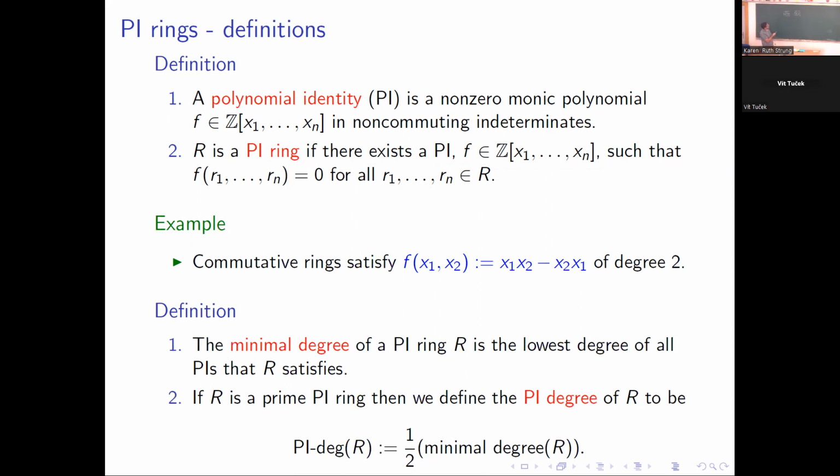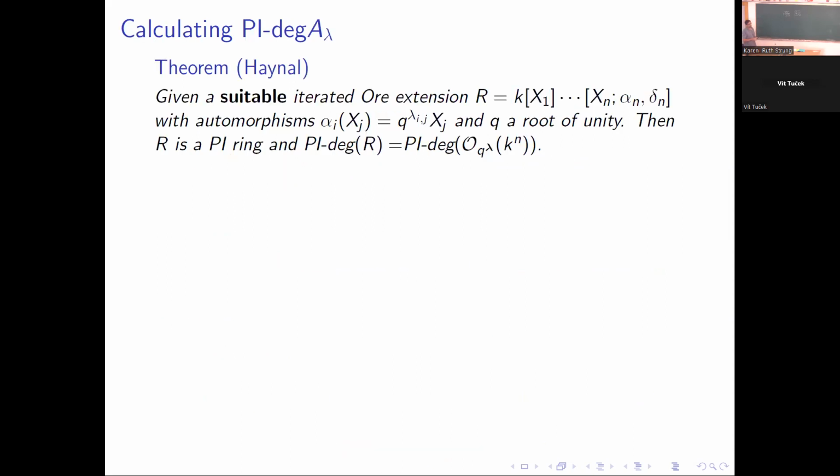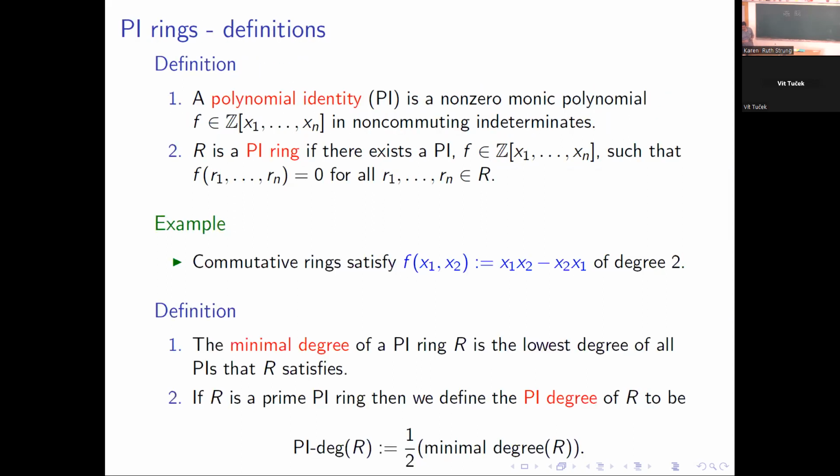The PI degree, when you have a prime PI algebra, is defined as half of this minimal degree. And it plays a very important role in representation theory. Why is that? Because it gives you an upper bound for the dimension of the irreducible representations of your algebra. So in that case, all irreducible representations will be finite dimensional.